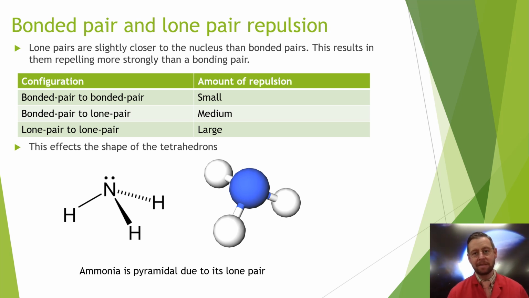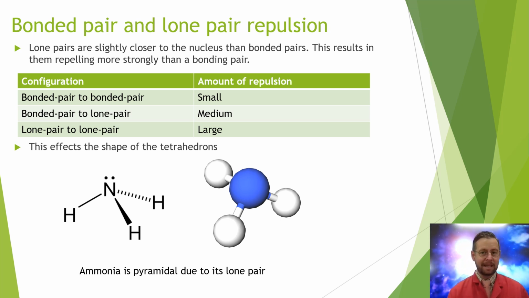They're closer to the center of that bike wheel. It means that being closer, the electrostatic force from them is going to be greater because of their proximity, because they're just not far enough away from the nucleus to give themselves space, basically. Whereas the bonded pairs are going to separate from each other a lot more. The force between them is going to be less because they're further from that center.